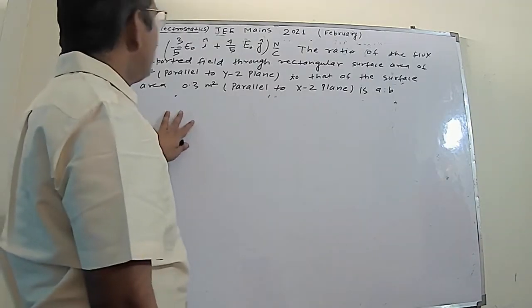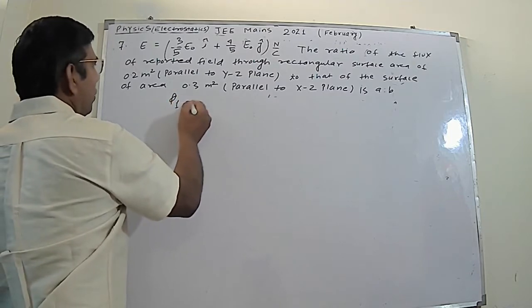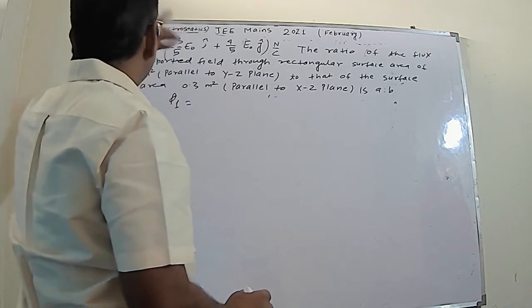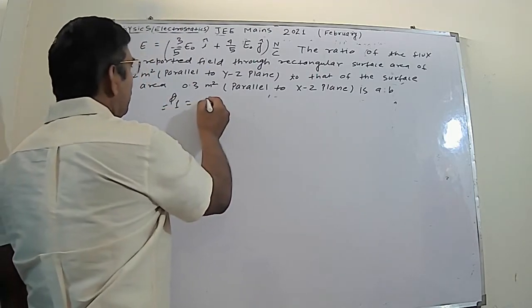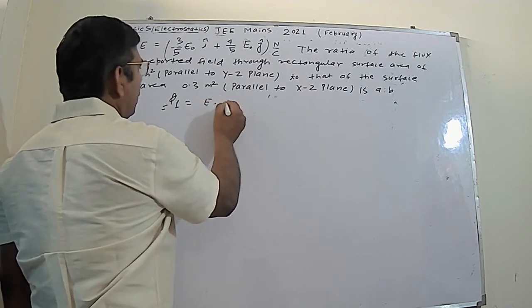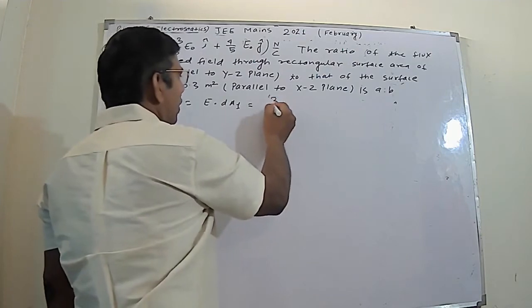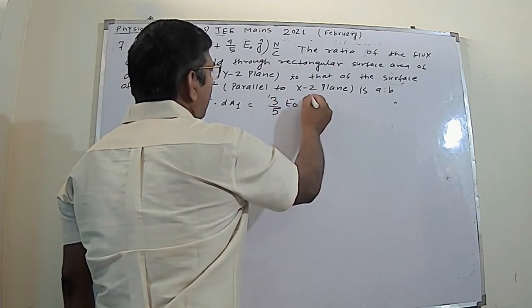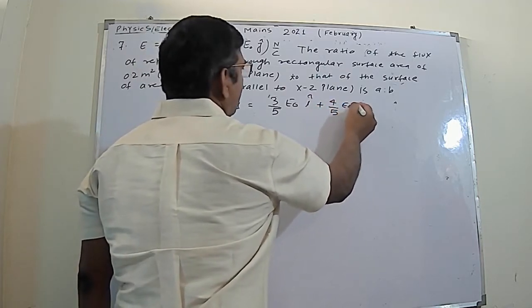So this is the problem related to flux, finding out the flux. There are two surfaces here, and an electric field is given. So the flux we can find, phi1 is equal to E dot dA1. What is E? E is equal to 3 by 5 E naught i plus 4 by 5 E naught j.